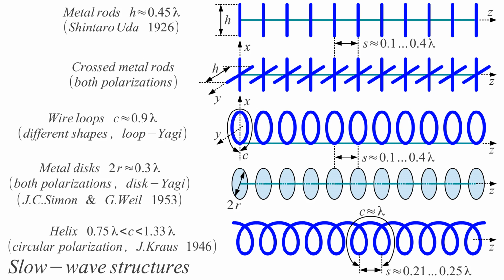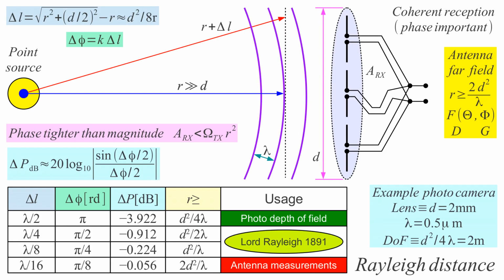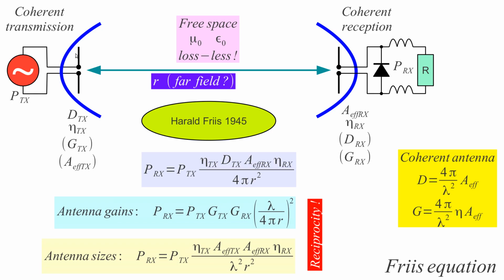Now the next thing we have to deal with is propagation. So we have antennas that actually radiate. The antenna radiates power to be received by the receiver. But how much space do we use in between? Free space. How large does this free space have to be so that we can call it free space?